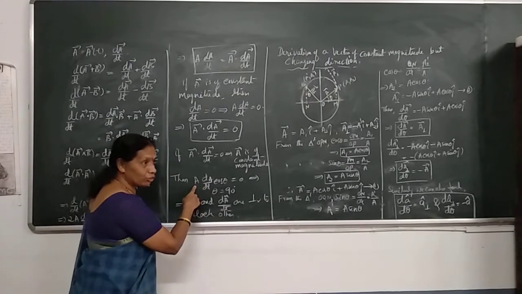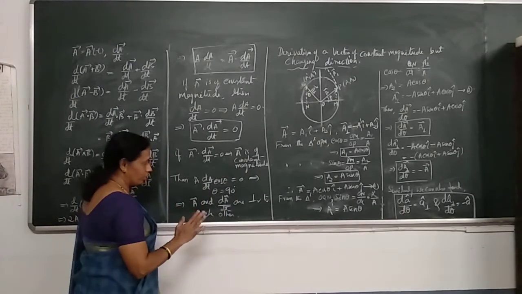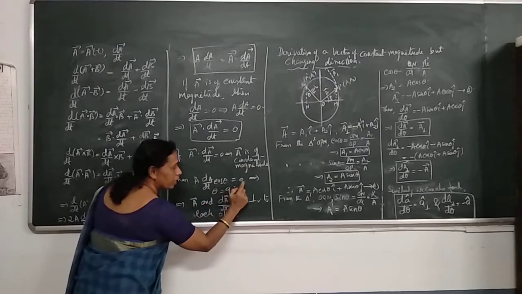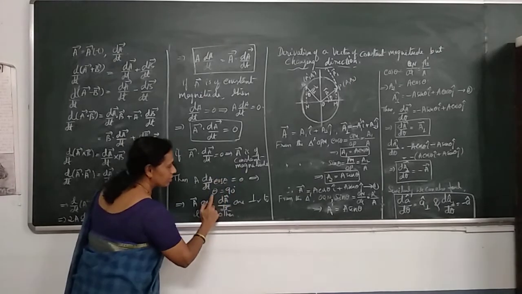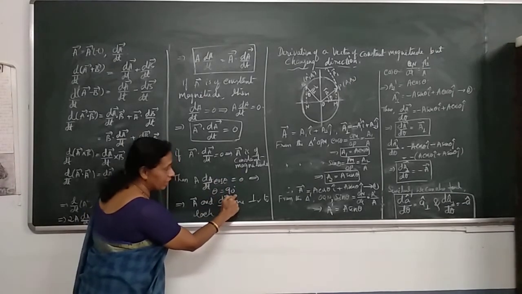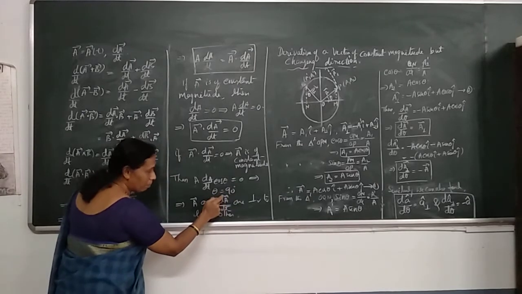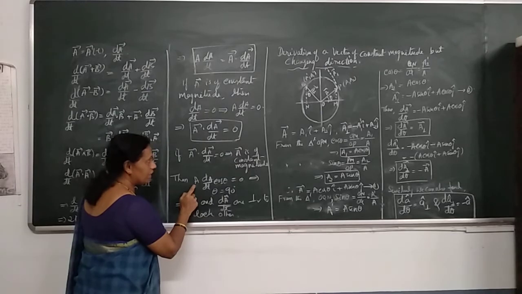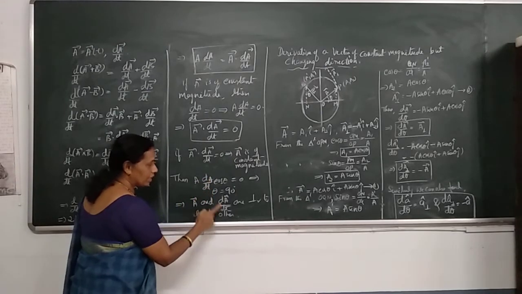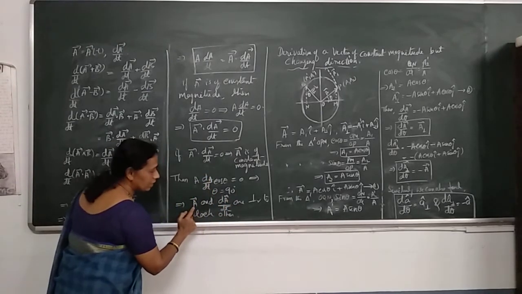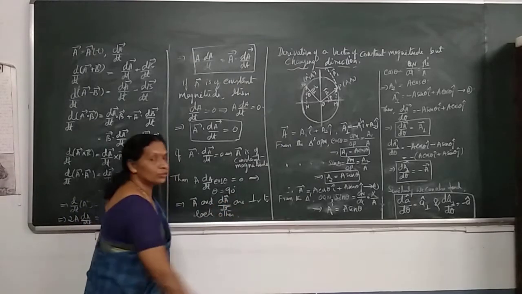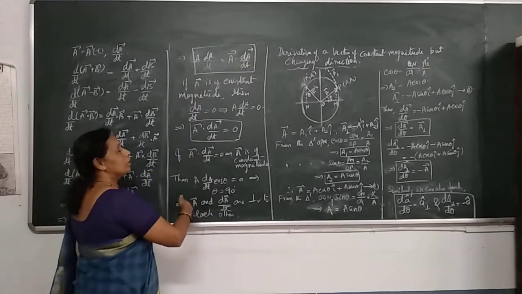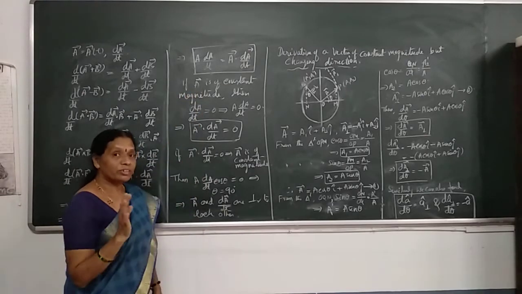The magnitude of the vector is constant but it is not 0. So for this equation to hold, cos theta should be equal to 0. Cos theta 0 means theta is 90 degrees. That means the angle between the vector A and dA vector by dt is 90, so A vector and dA vector by dt are mutually perpendicular to each other. This is another result. These are all true in case the vector A is of constant magnitude.